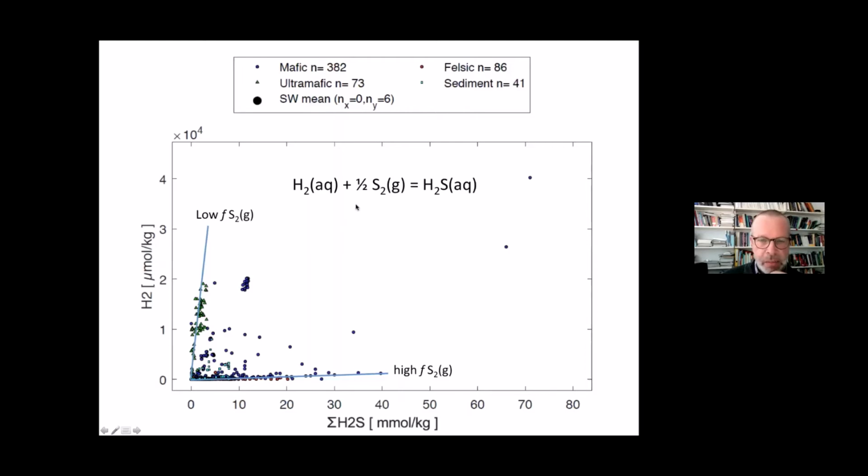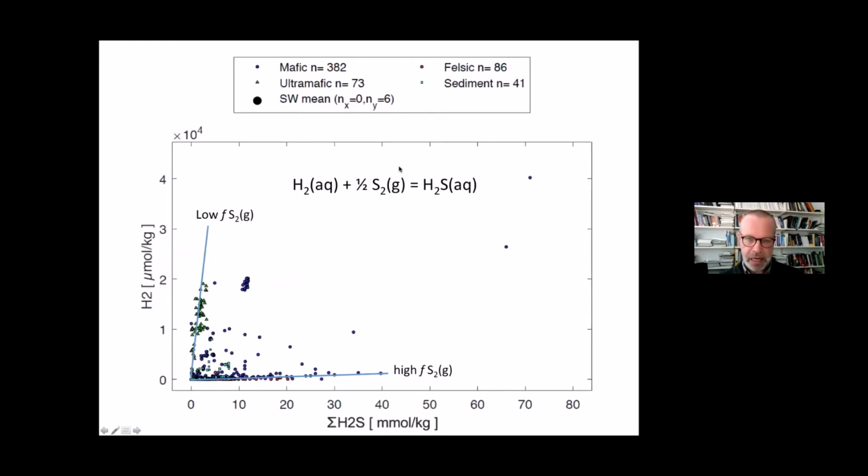So if we are talking about how much of a gas we have in a system, we express this in terms of fugacity. So basically, if you have a lot of hydrogen, but very little hydrogen sulfide, this tells you that the fluid represents a low sulfur fugacity. That's this trend. And this other trend here is the opposite, right?